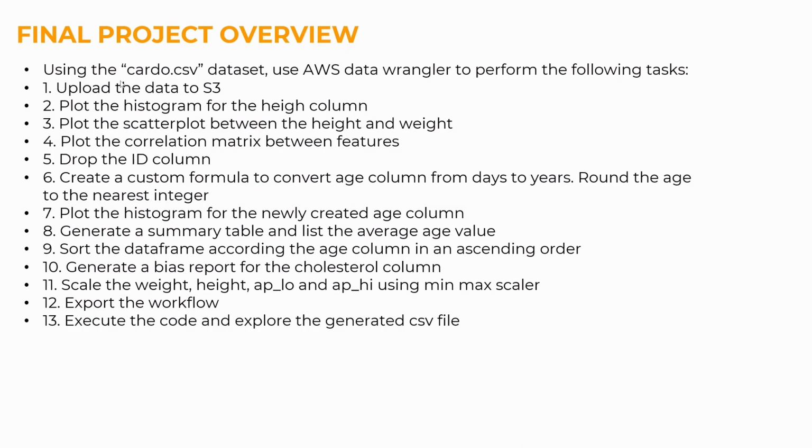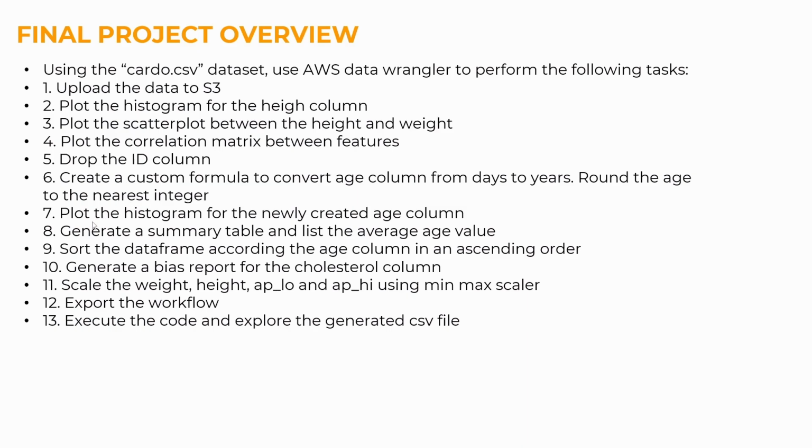Upload the data to S3, plot the histogram for the height column, plot the scatter plot between the height and weight, plot the correlation matrix between various features, drop the ID column, create a custom formula to convert the age column from days to years, and I want you to round the age to the nearest integer.